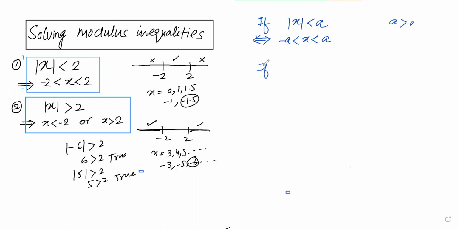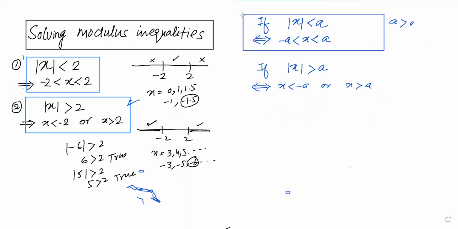And if modulus of x is greater than a, then either x is less than -a, as in the second example, or x is greater than a. These are two important results. Keep in mind these two cases, one is less than and the other is greater than.